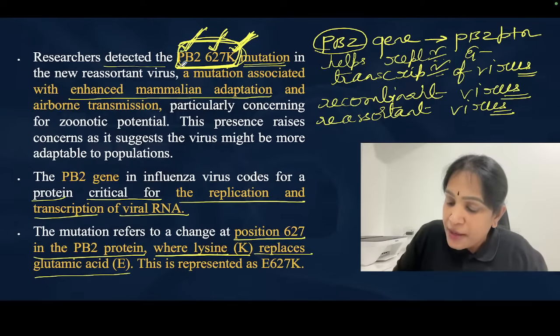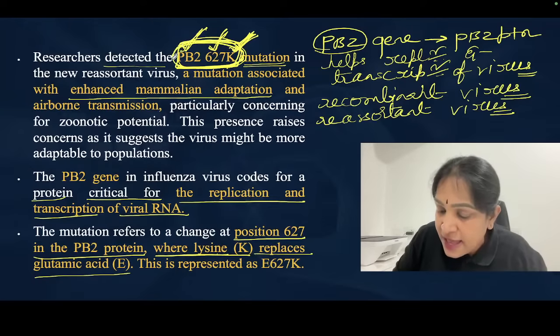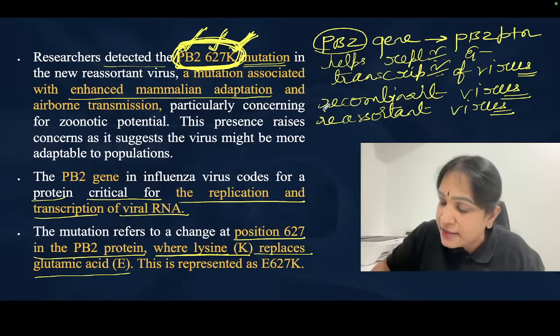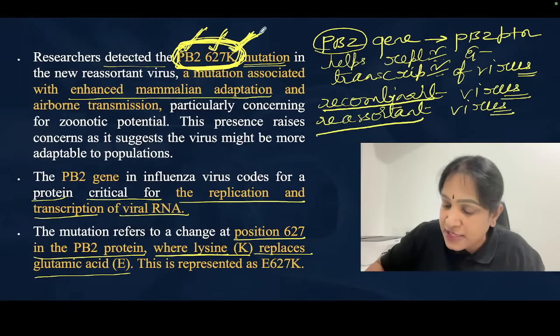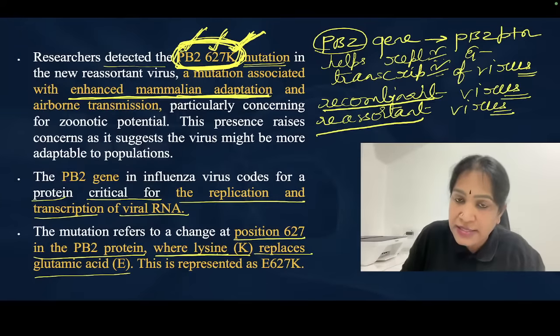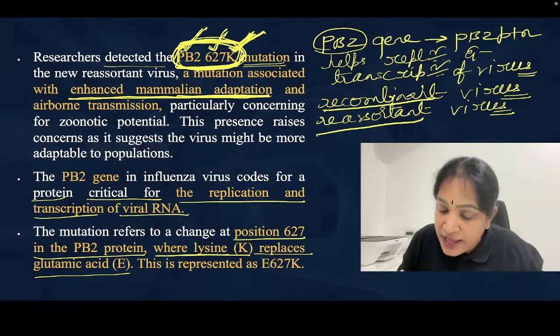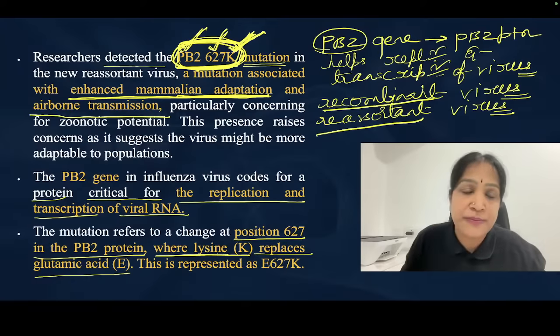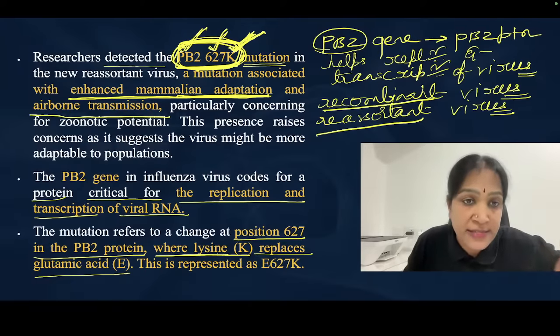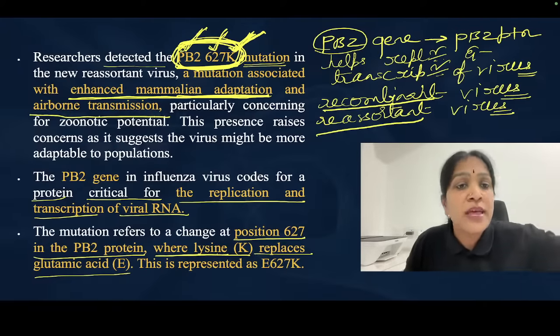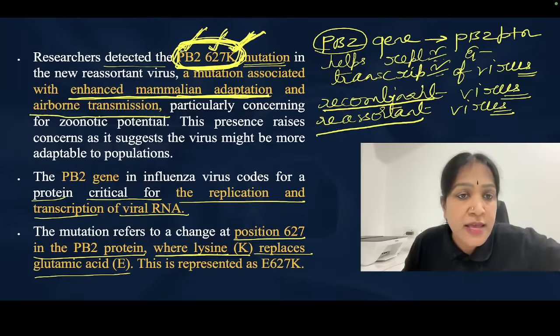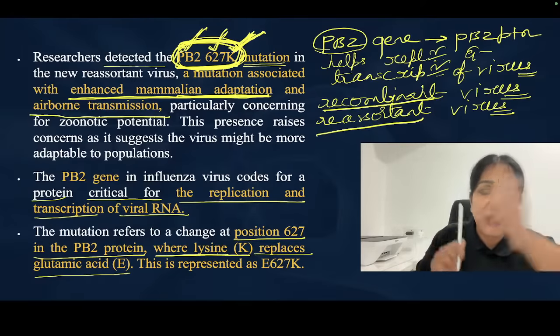Okay. Because of this, the recombinant virus having this mutation can better adjust to mammals, and it will also increase airborne transmission. That is, when you sneeze or cough, the virus can easily spread through the air.